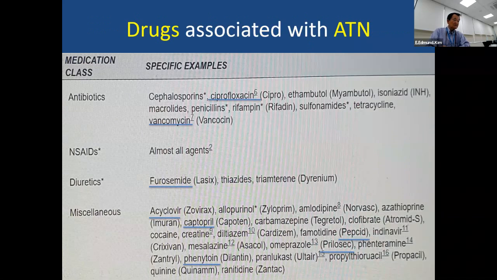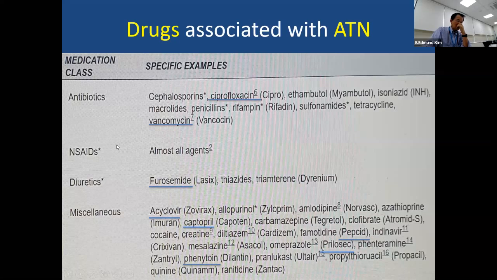So in ATN, many antibiotics, particularly Cipro, we use vancomycin, all antibiotics apparently damage tubules. And certainly aspirin-type agents and diuretics even damage.